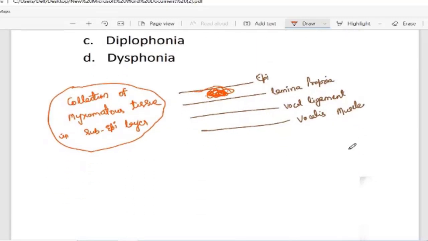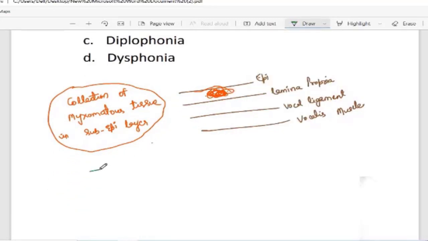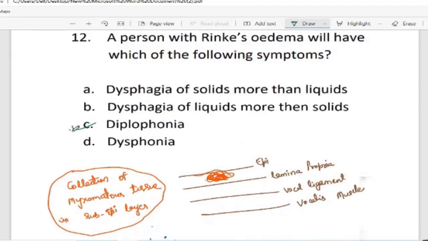And the symptom produced here is diplophonia, which is peculiar to Rinke's edema. Because of this myxomatous tissue, two sounds of different frequency are heard, because the vocal cord having the Rinke's edema will produce a sound of different frequency compared to normal. So the characteristic feature of Rinke's edema is diplophonia. What is diplophonia? Difference in frequency of the sounds.